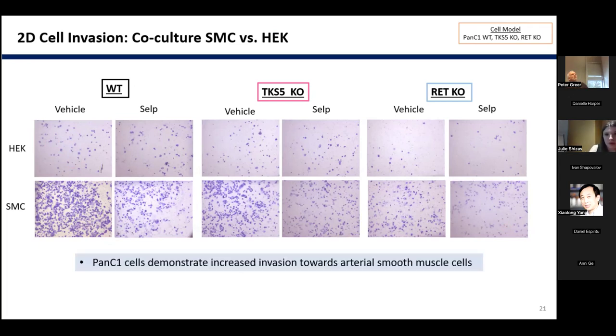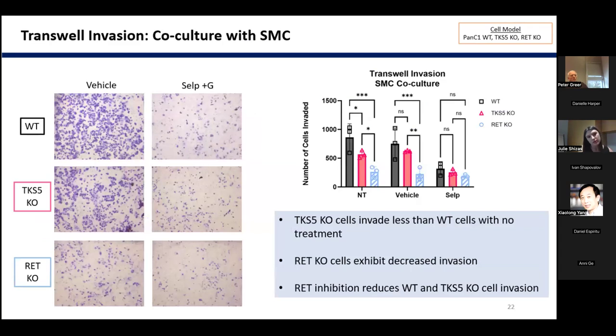But when we stratify this based on just SMC cells, we have the wild type PDAC cells, the TKS5 knockouts, and the RET knockouts. We also wanted to see how much of this invasion is actually RET mediated in the wild type and the TKS5 knockout cells. So again, we have a selpercatinib condition here to inhibit RET signaling.